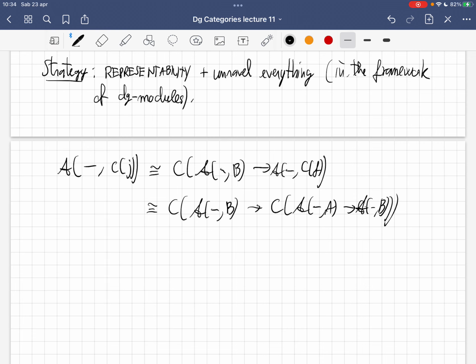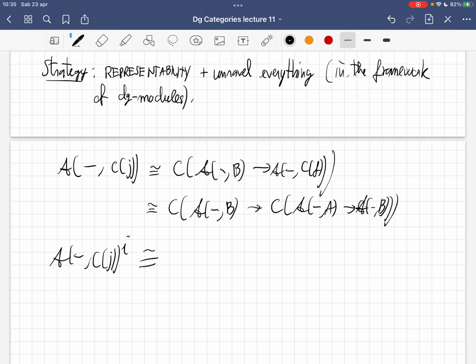Yeah, you see it. Okay. So you have to unravel everything, and you can actually identify this component.